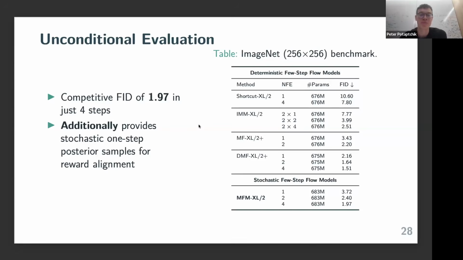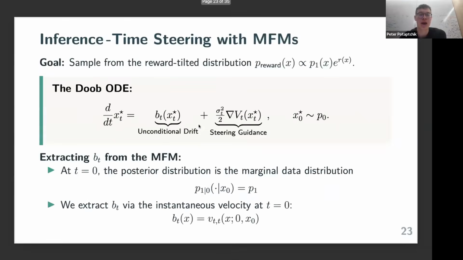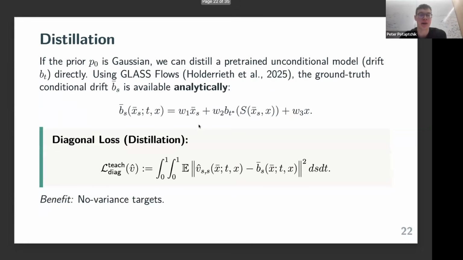Sorry, diamond maps. I need to review the paper, but I believe basically they considered this. It's also a paper by Peter. And they consider exactly this distillation framework where you have the unconditional drift BT, and what we call a meta flow map, they call a diamond flow. And they exactly try to distill this B bar S onto the diagonal.